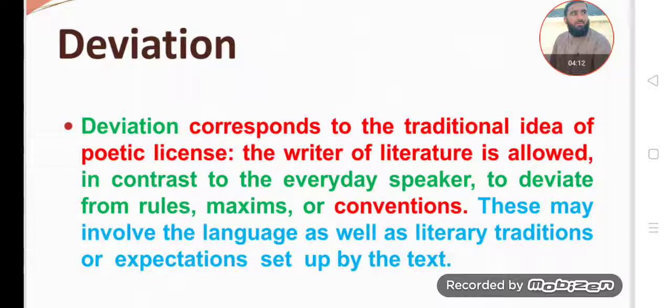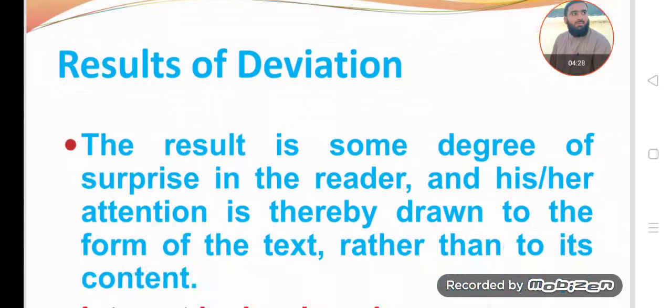So for artistic effects, the strict rules are broken by the writers, especially by the poets. So deviation occurs.